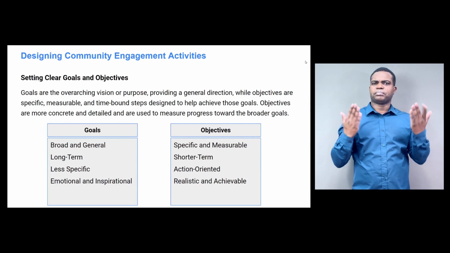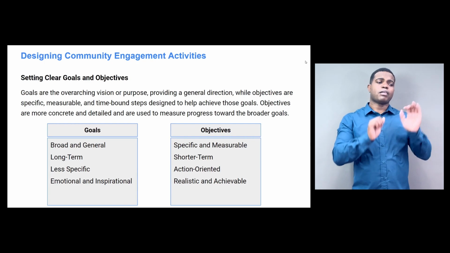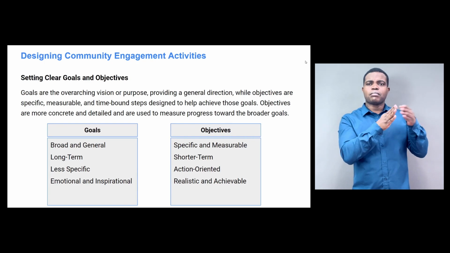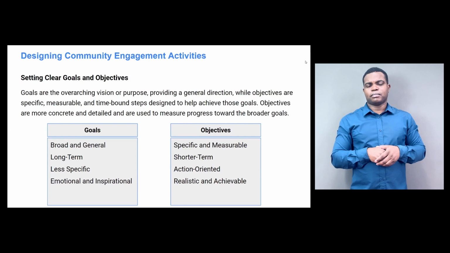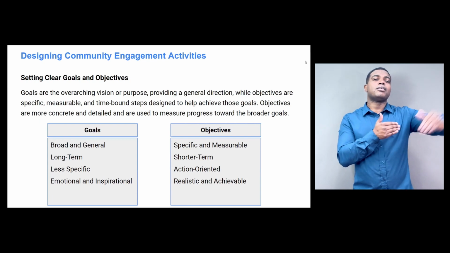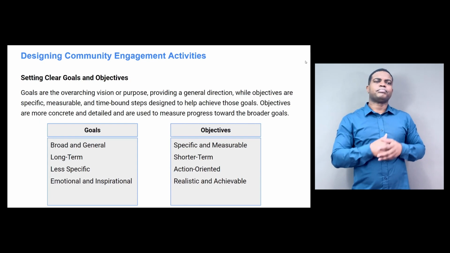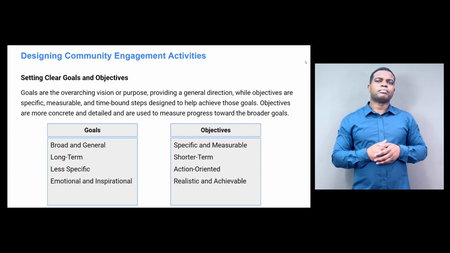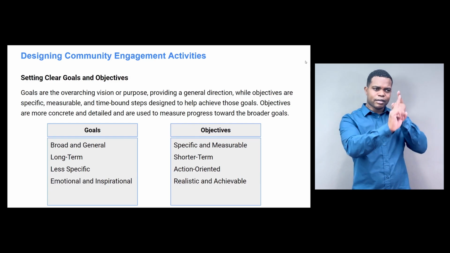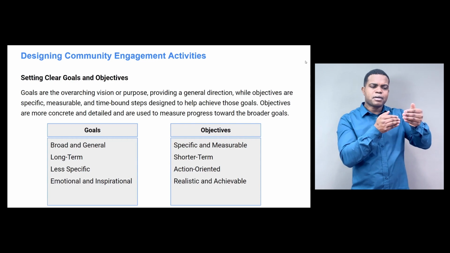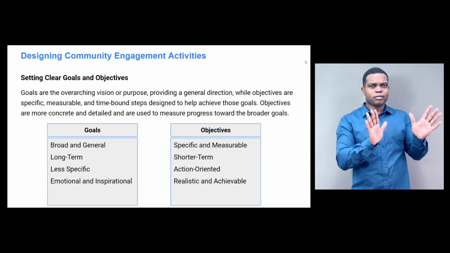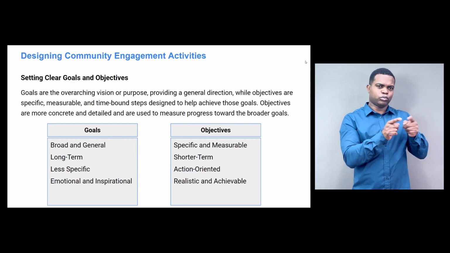So let's look at objectives. Objectives are specific and measurable. So objectives are usually specific, detailed, and measurable. They define clear, quantifiable targets that need to be met.